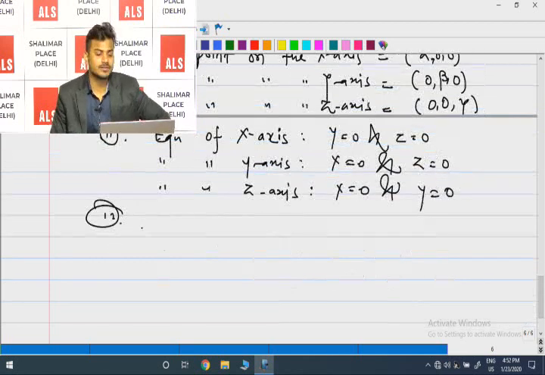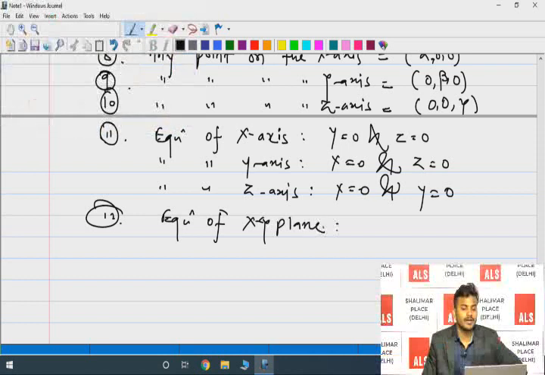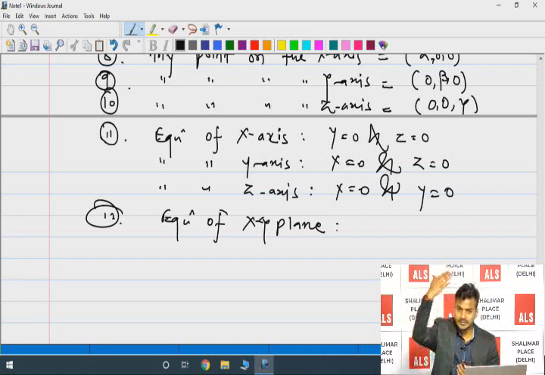Okay. Next is the equation of the xy plane. What does it mean? This is x, this is y, this is z. This is the xy plane, right?